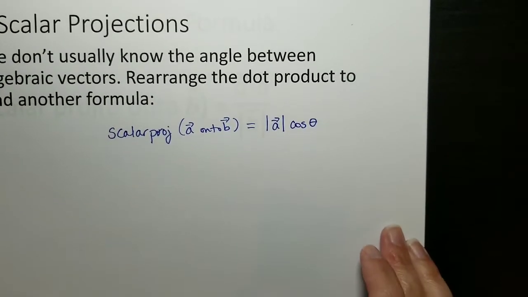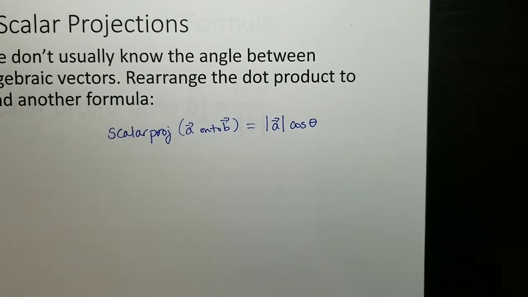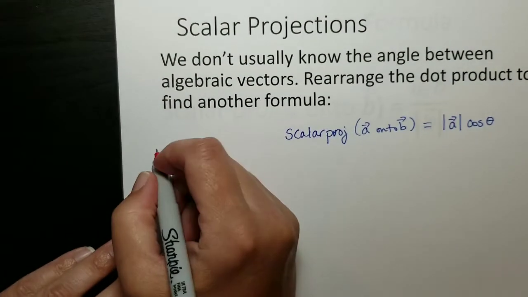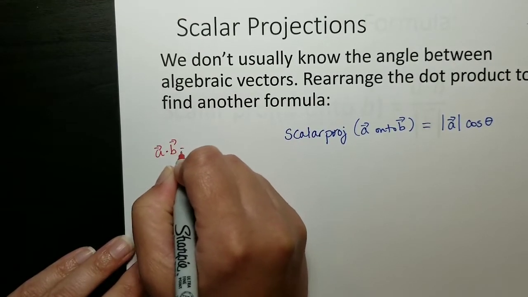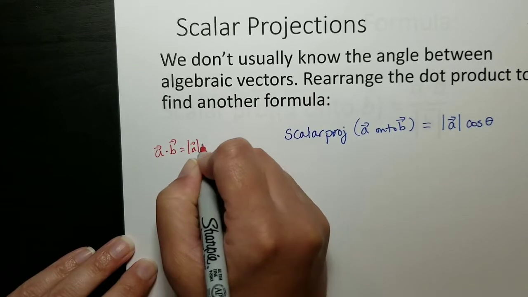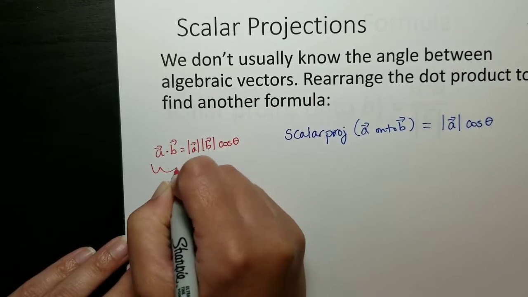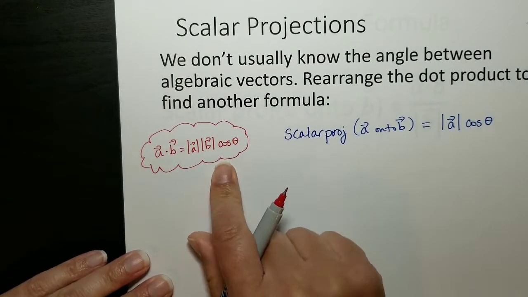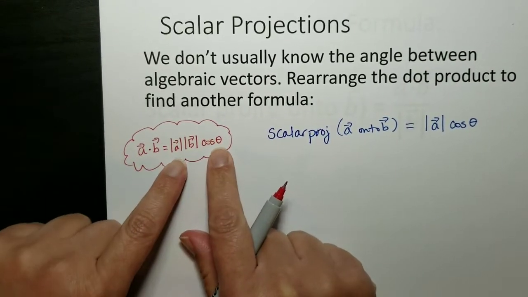And one of the things that we've really just looked at that involved magnitudes and cos theta was the dot product, right? We can remember that dot product equation: A dot B was the magnitude of A times the magnitude of B times cos theta. This is an old equation that we've been working with for a couple lessons now. So magnitude of A, magnitude of B, cos theta.